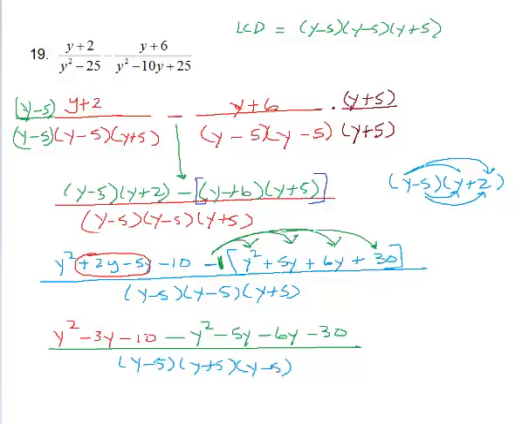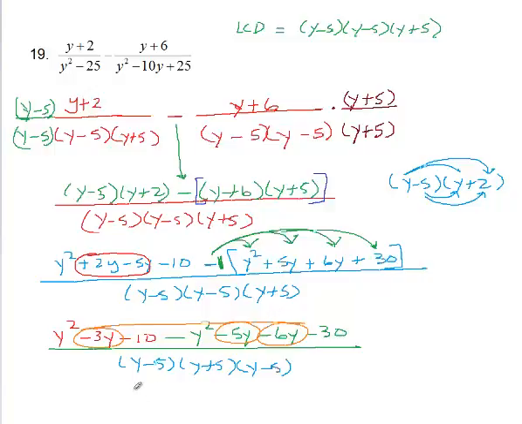Now, let's see what other terms we can add up. So now I can add this one with this one and this one to get a total of, what's that? Minus 3, minus 8, minus 14y.